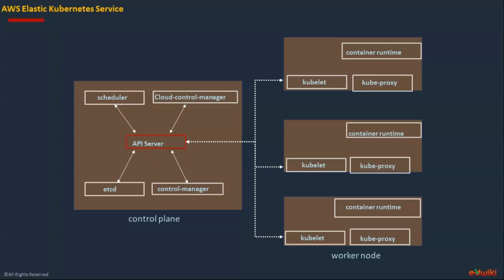Whenever you want to deploy an application, my requirement is, once the entire cluster is ready, I have the Apache web server application that I want to run as a container and access the website from my browser. That is my requirement.